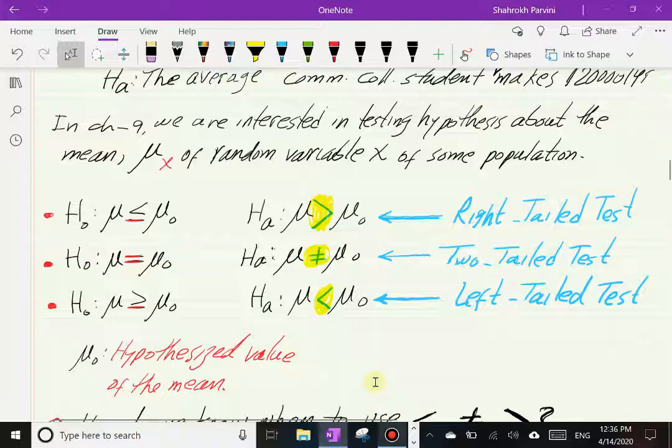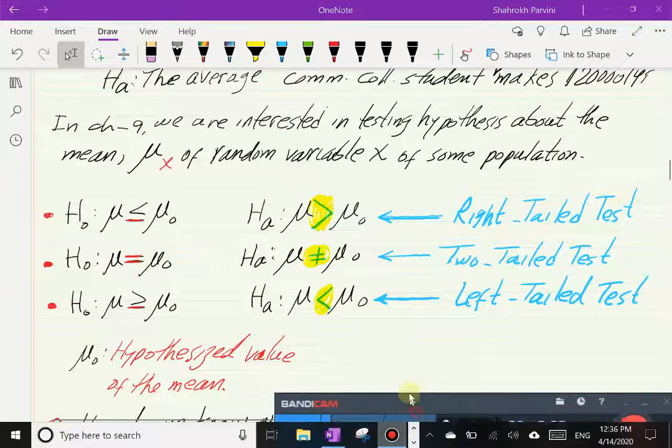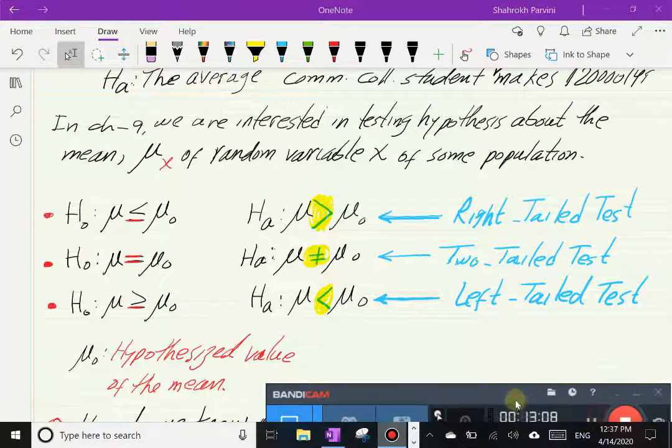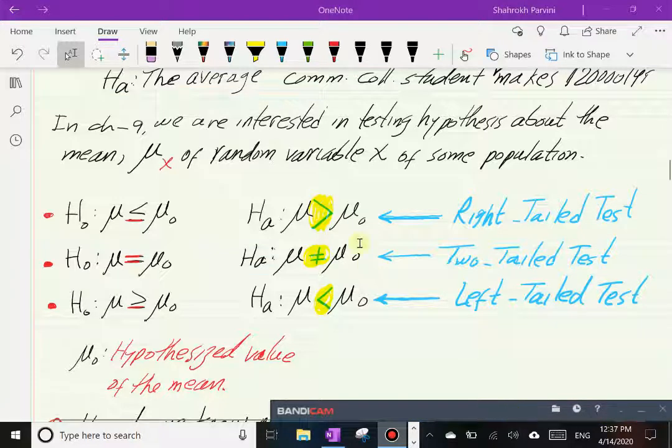Now, the alternative hypothesis in the first case is going to be that the mean is greater than some hypothesized value. The middle one reads that it is simply not equal to, and the last one says that it is less than the hypothesized value.